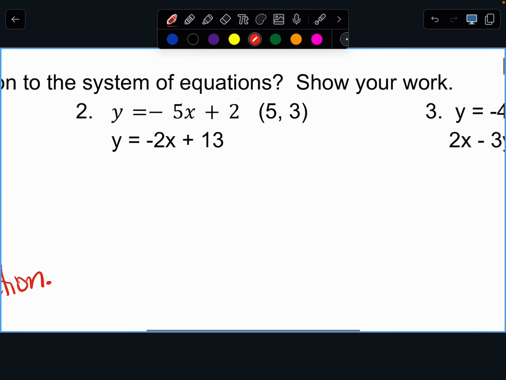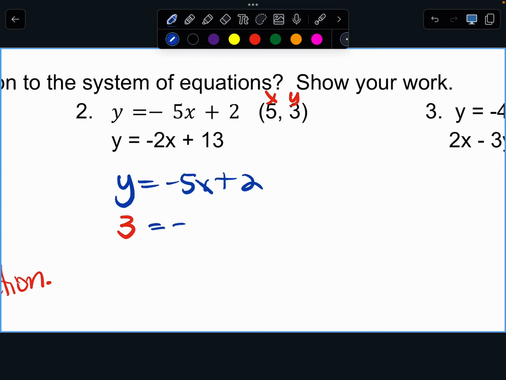This one, I'm going to plug in x is 5, y is 3. So I'm going to take my first equation. Oops, I didn't want to do that. I want a different color. Do blue. y equals negative 5x plus 2. I'm going to replace my y value with 3 and my x value with 5.